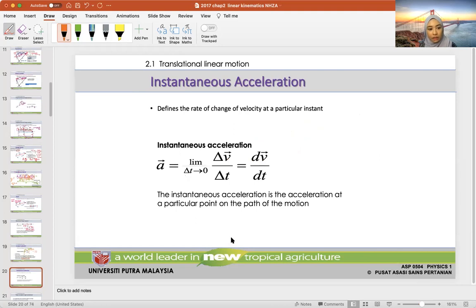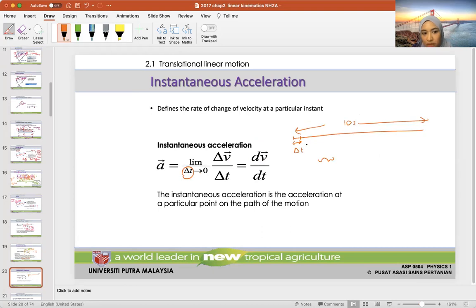Okay, when we talk about average, we will talk about instantaneous acceleration too. Sama juga, instantaneous acceleration is the acceleration that happens over a short duration of time. Kat sini dia tulis delta t approaching 0, which means that the duration of time is super small. So kalau kat sini 10 second, I want to see what is the acceleration over here.